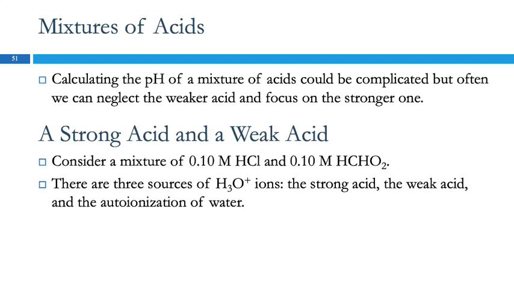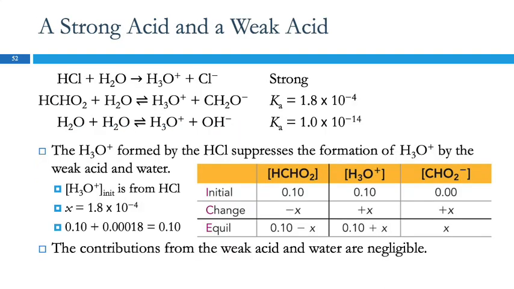Here we're also going to ignore the contribution of the weak acid. So here's our HCl. That's strong, meaning it goes to completion. Here's our weak acid, showing its ionization. That's 1.8 times 10 to the minus 4. And the autoionization of water is 1 times 10 to the minus 14.